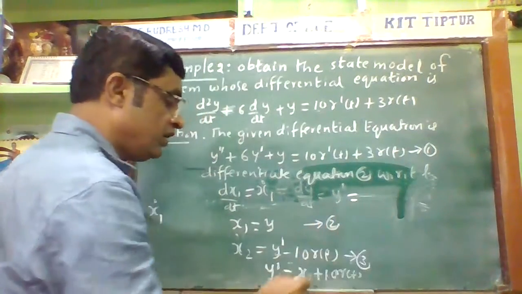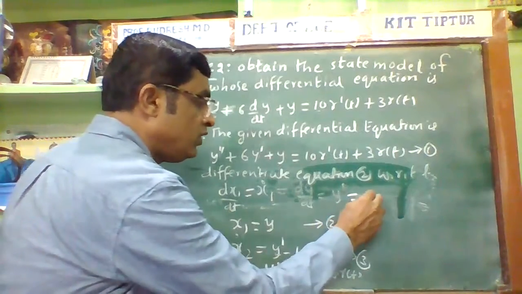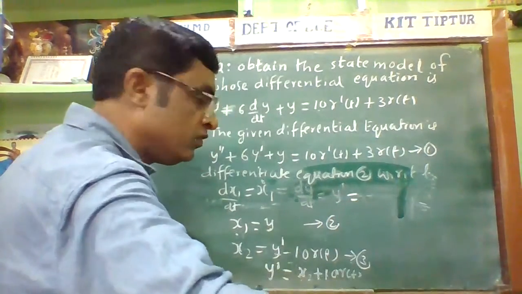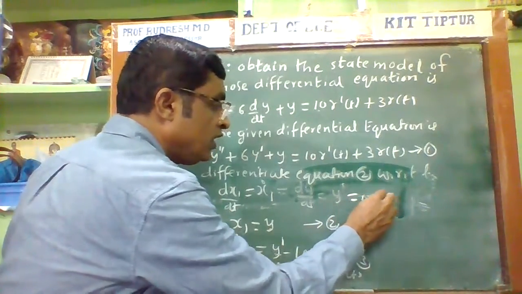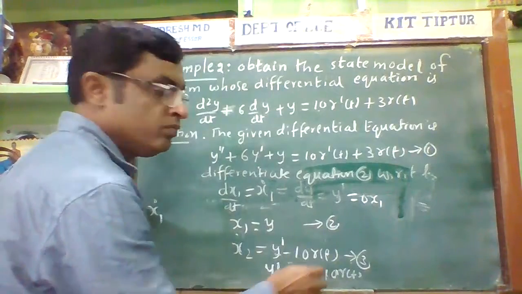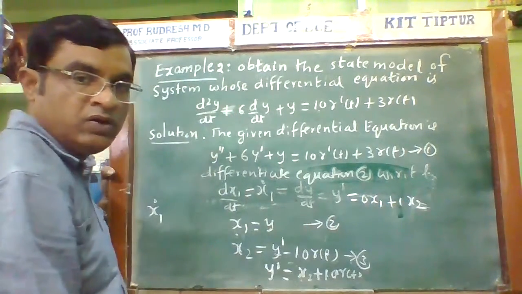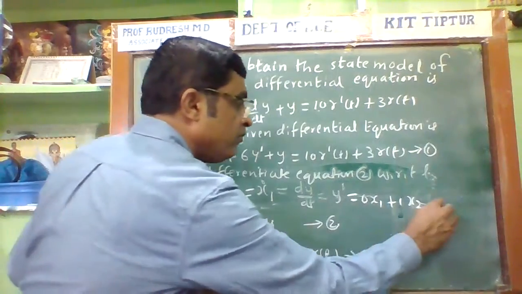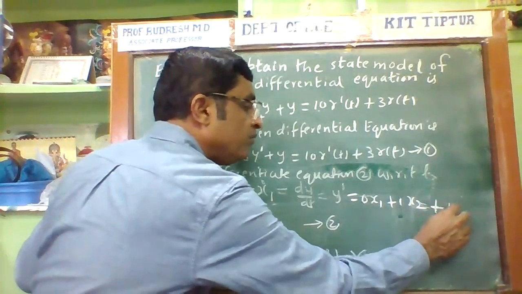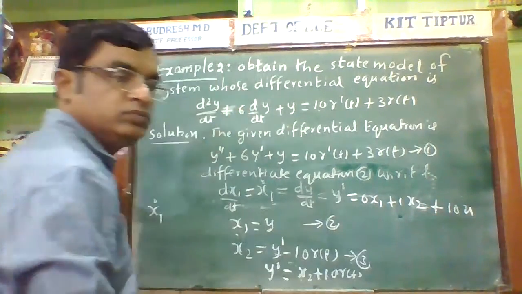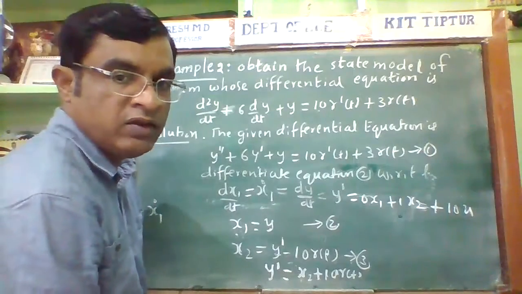Therefore, what is the value here? I need to write y dash is equal to 0 into x1, x1 is absent, therefore 1 into x2 plus 10 into r of t, which is nothing but u1 or u. Can I take any value?